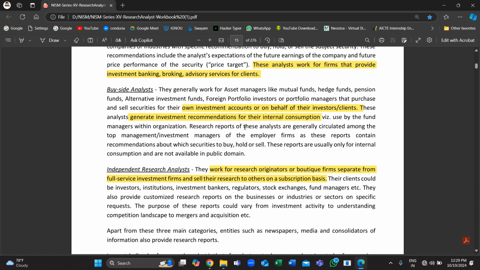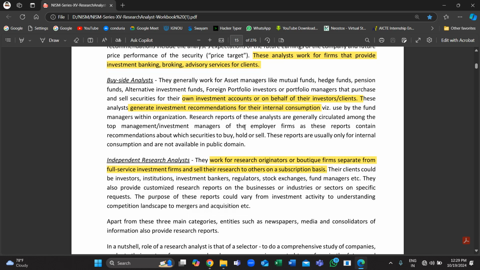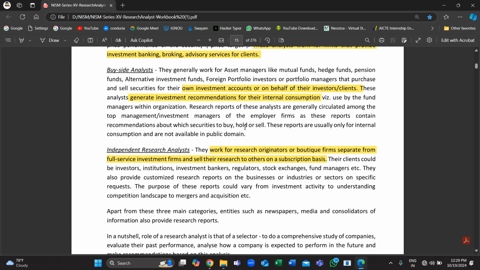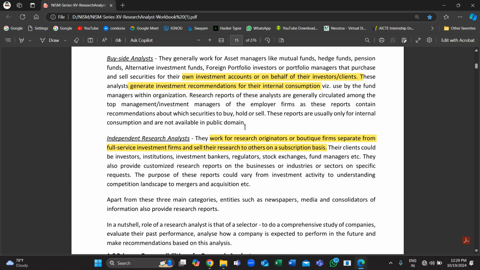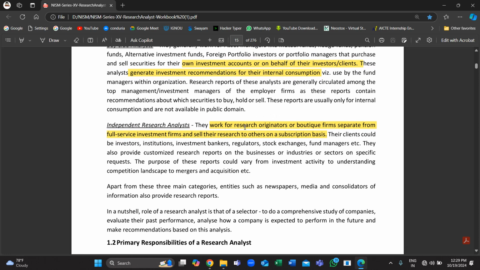They'll do their own research and invest in the stocks based on their own research. These reports are mostly for internal consumption, not available in the public domain.